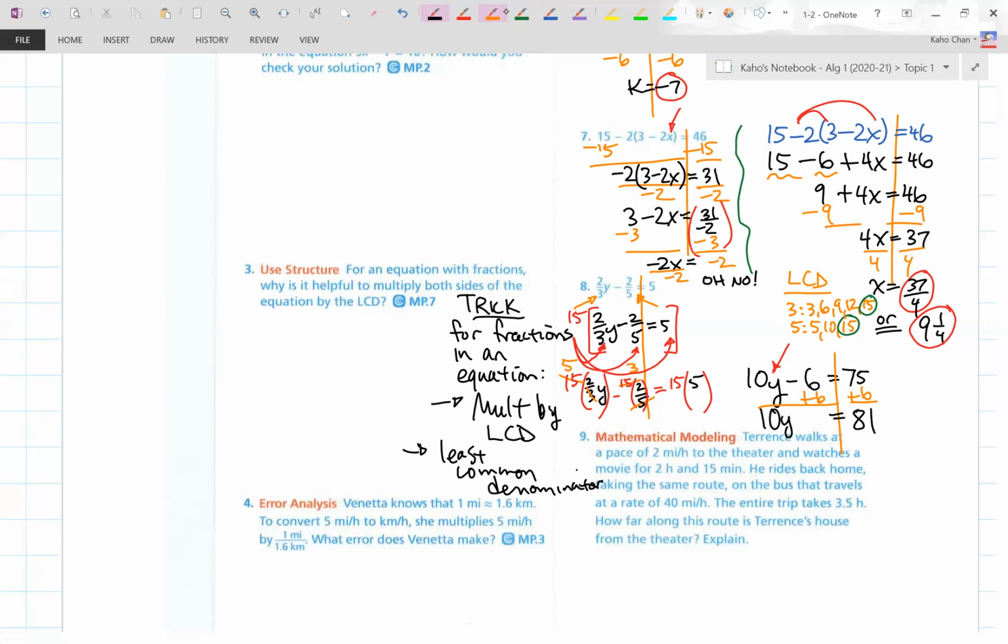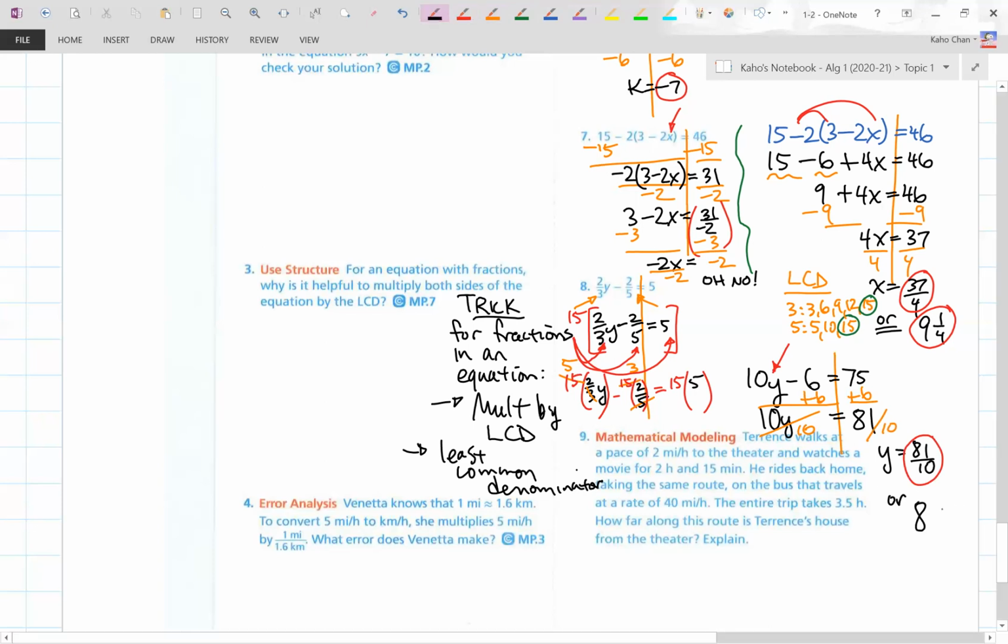Divide by 10 last. Whoosh. All right. That is reduced. It's an improper fraction, but if we convert it to a mixed number, then it becomes 8 1/10.